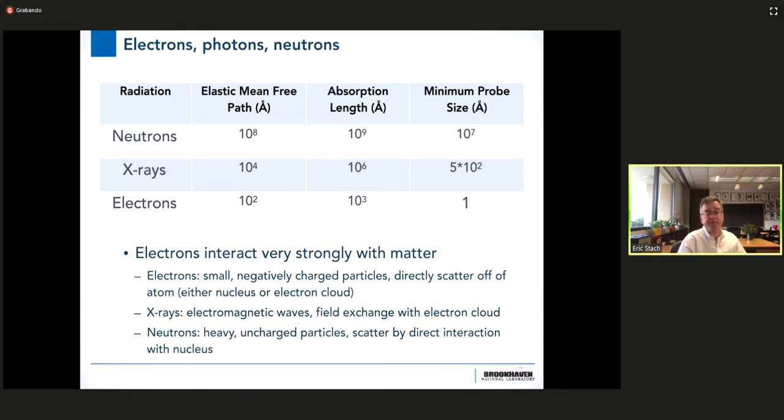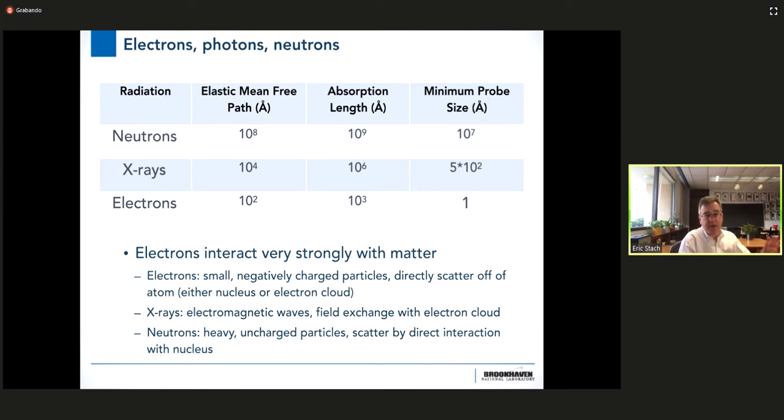Now, another big difference between neutrons, X-rays, and electrons is that because electrons have a negative charge, you can use electromagnetic lenses to focus them.